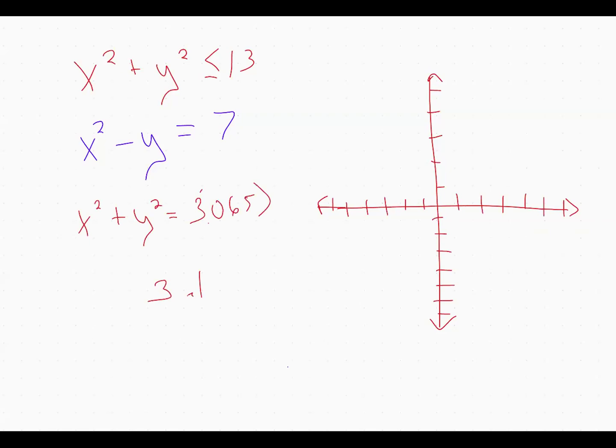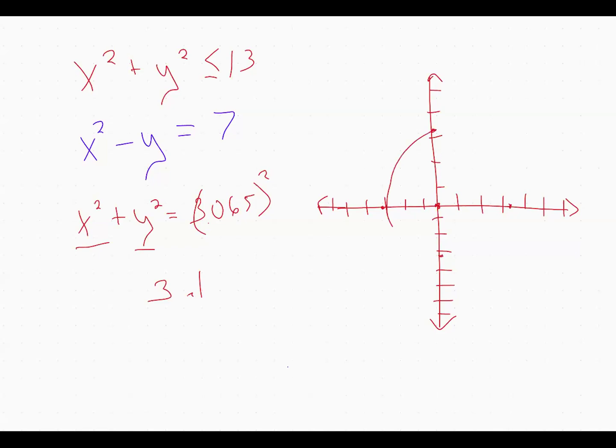Remember, once in this format, my origin is at the what? 0, 0. So that means I got to go up 3.1. Put a point. Go to the left 3.1. Go down 3.1. And to the right 3.1. There we go. Very lousy looking circle.